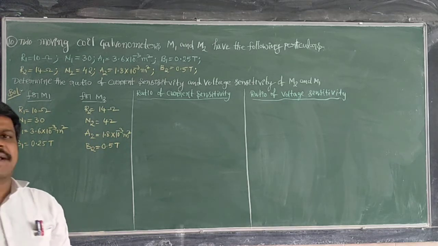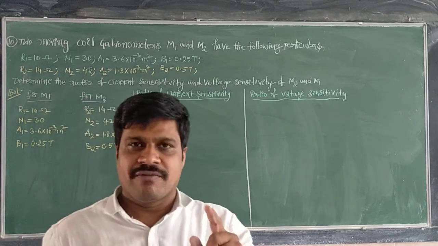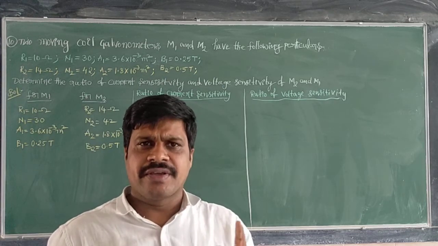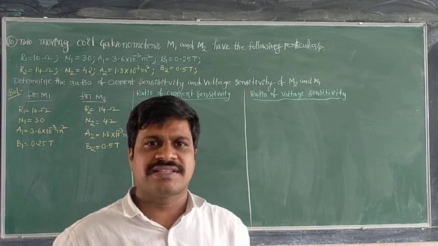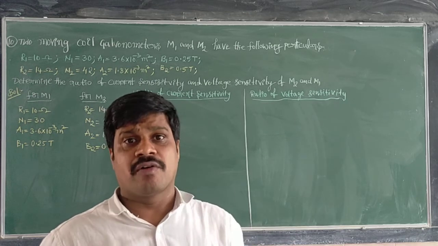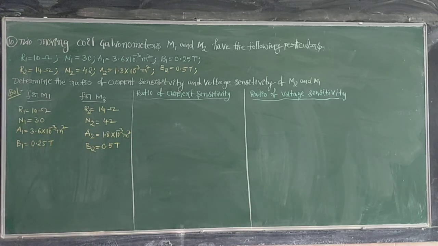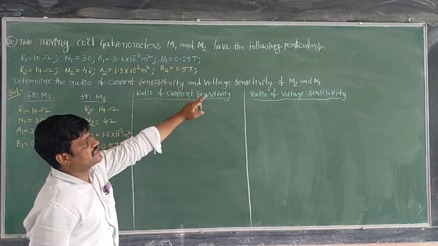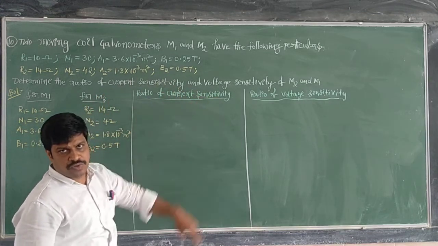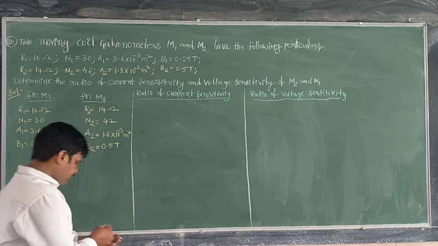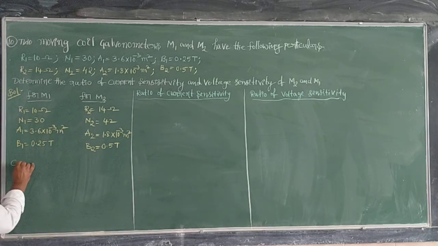Actually, there are two moving coil galvanometers, M1 and M2. Related to M1, they have given all particulars. Related to M2 also, they have given all particulars. Now they are asking the question, what is the ratio of current sensitivity and voltage sensitivity of M2 and M1? First, current sensitivity.